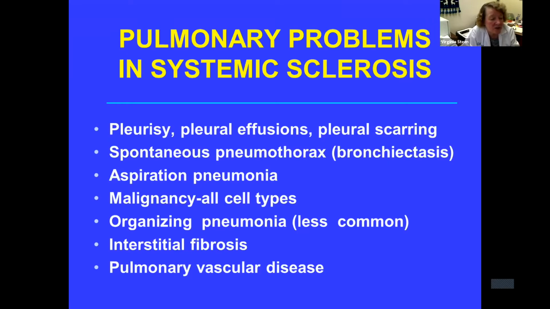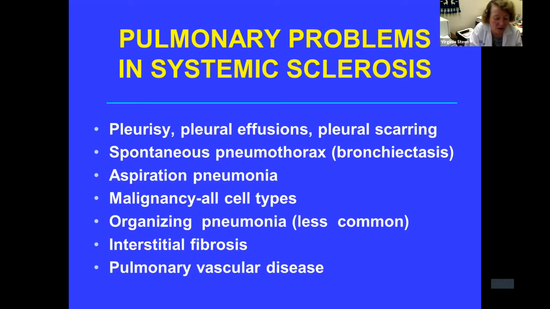There is the increase in malignancy, all different cell types. It's not just in patients that have fibrosis. It can be these RNA polymerase III patients, or really any type of lung malignancy. Organizing pneumonia is probably less common in scleroderma, but does happen, probably more common in lupus, rheumatoid arthritis, and myositis.